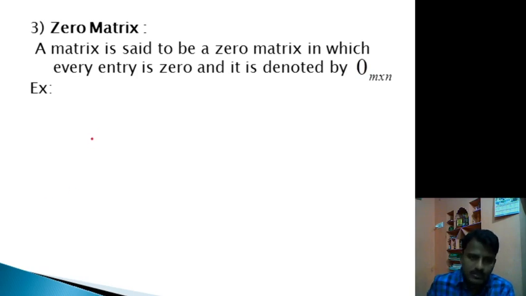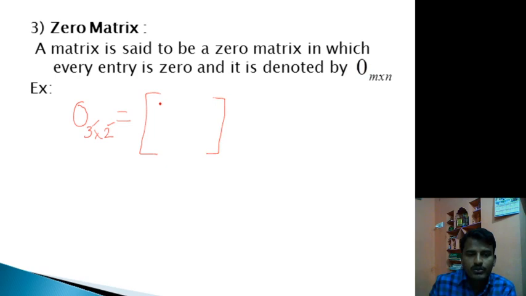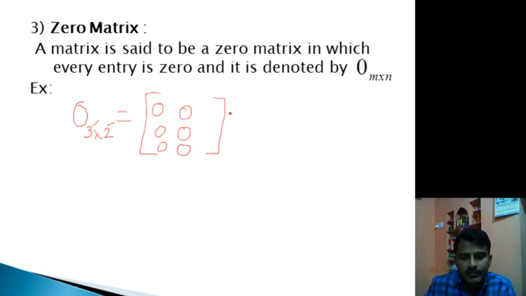Now I will take a zero matrix of order 3 cross 2. It means this zero matrix contains 3 rows and 2 columns. Okay, this is the example of a zero matrix with order 3 cross 2.